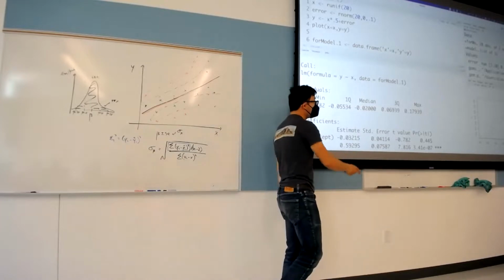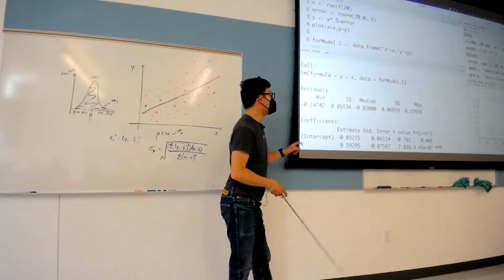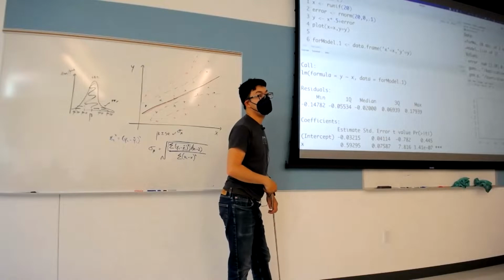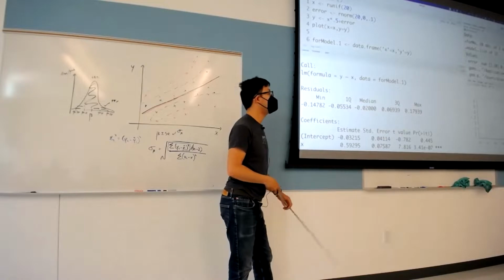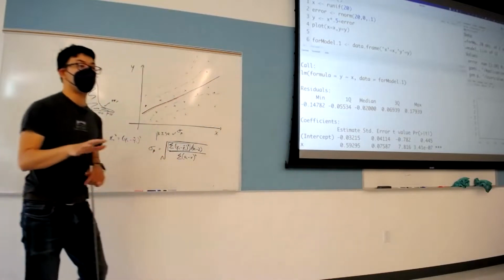So in this particular case, it's saying I'm super confident that the slope of x to y is not 0. That's what these little stars mean. Any questions about that?